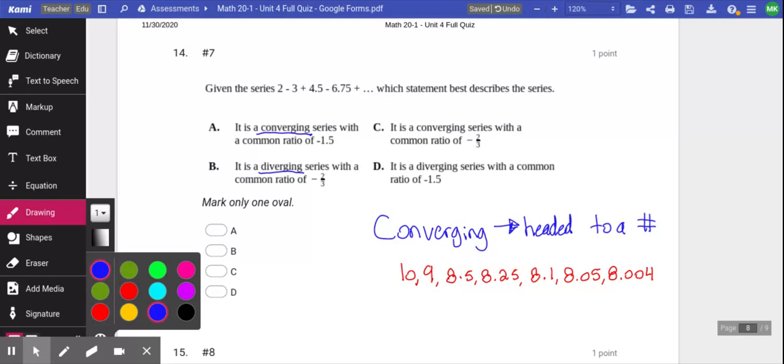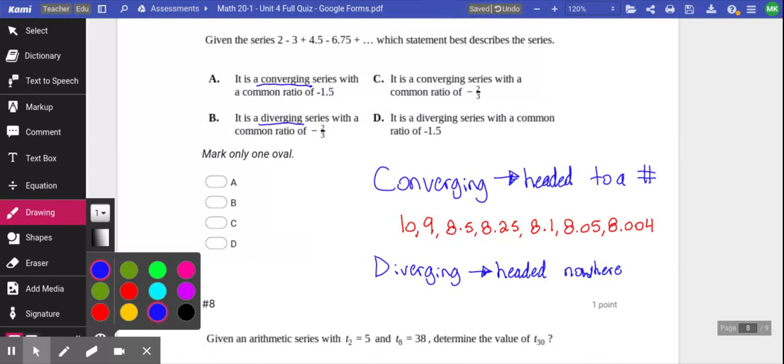Diverging means you're going away from any numbers. You're not actually headed towards anything. You're not headed to anywhere specific. So, for instance, if I give you a sequence like 10, 15, 27, 39, 59, 75, I mean, my numbers are getting bigger, but I can't tell where it's going to stop, right?